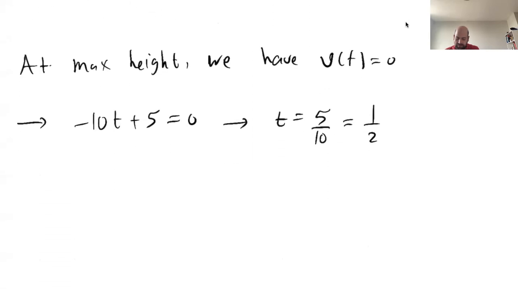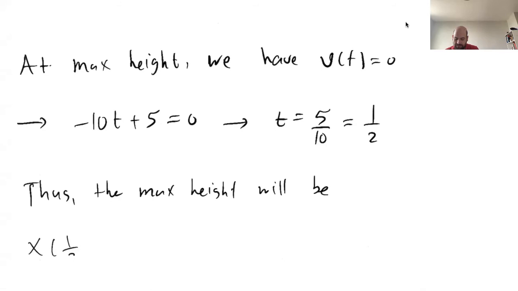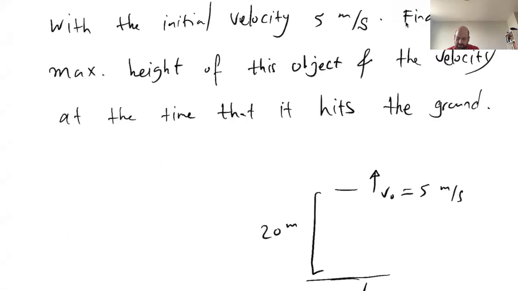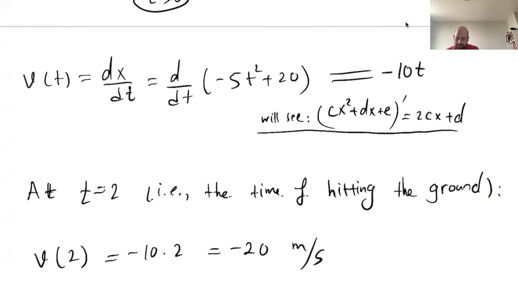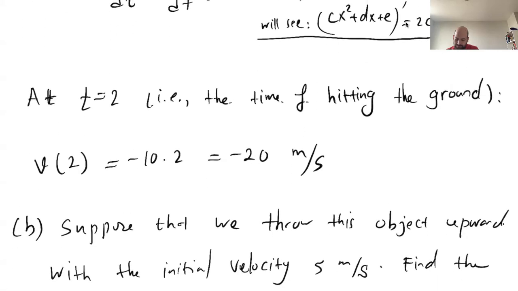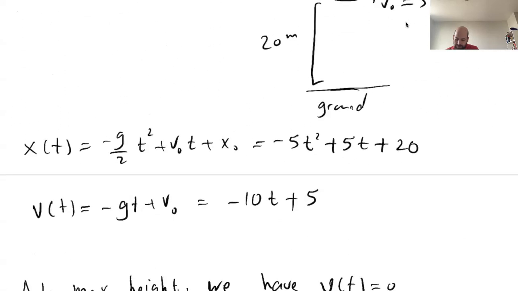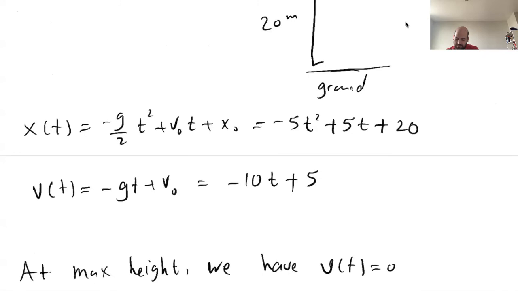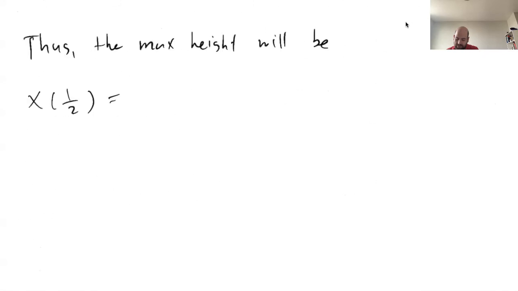And how much is the position then? So the maximum height will be x of 1/2, right? We have the equation of x of t, at t equals 1/2.